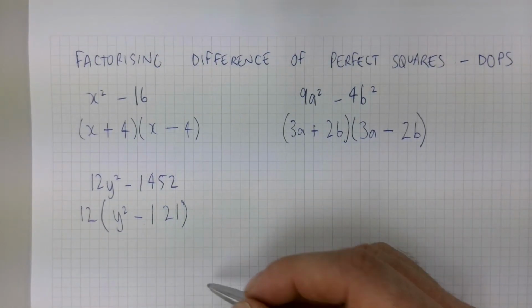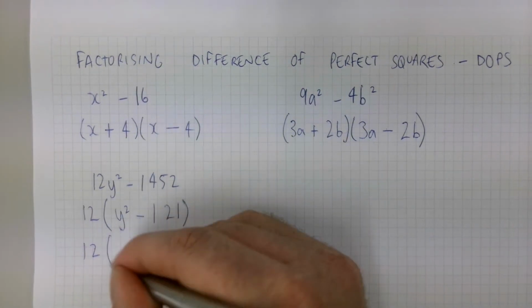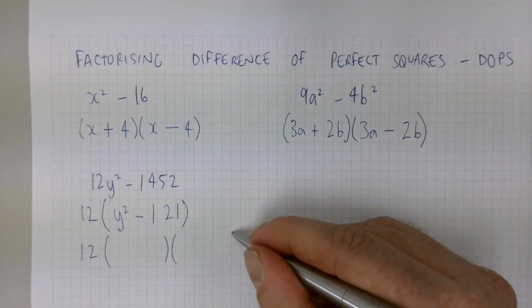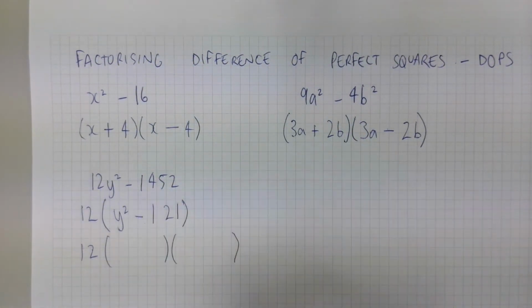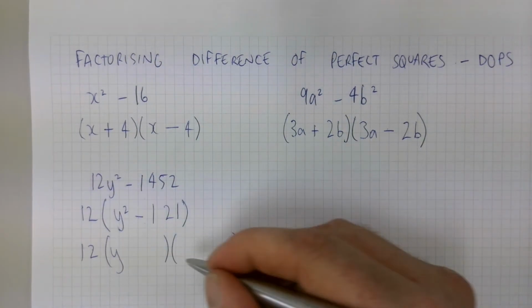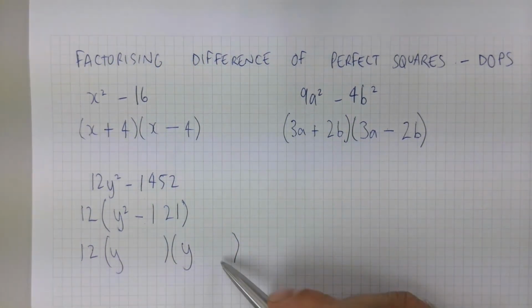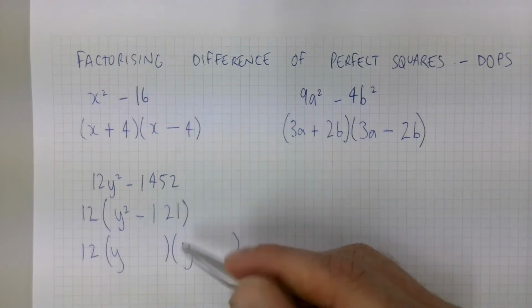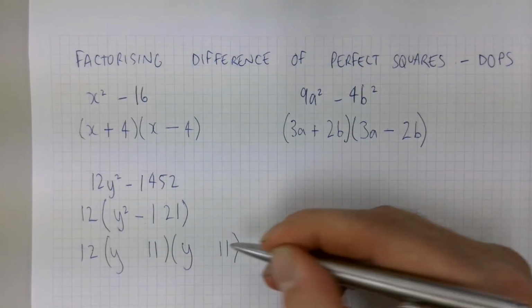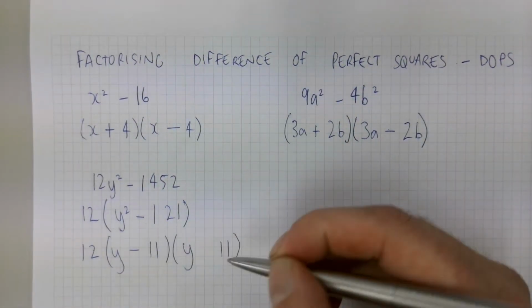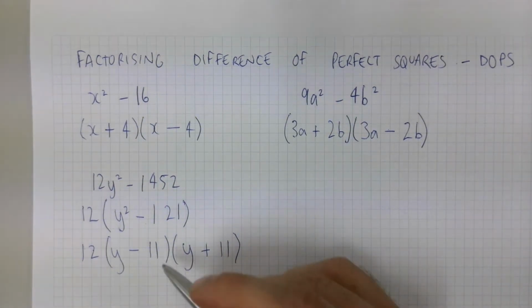So what we can do now, 12 stays at the front, set up your two sets of brackets. At the front goes the square root of the first term, which is y. At the back goes the square root of the second term, which is 11. And then we separate those with addition and subtraction. Again, it doesn't matter what order they're in.